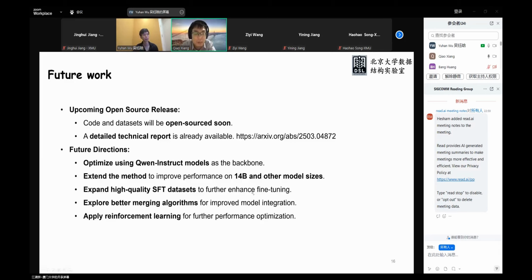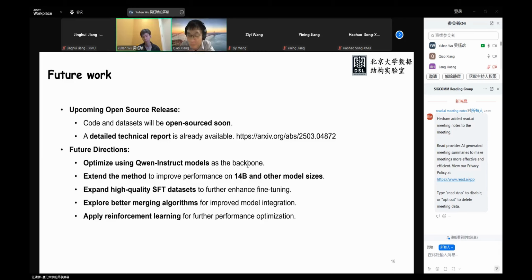Let me start with your last future direction. You said applying reinforcement learning to further optimize the performance of the model. But you also commented that it could be very computationally expensive, so that might not be an affordable direction for a university, right?